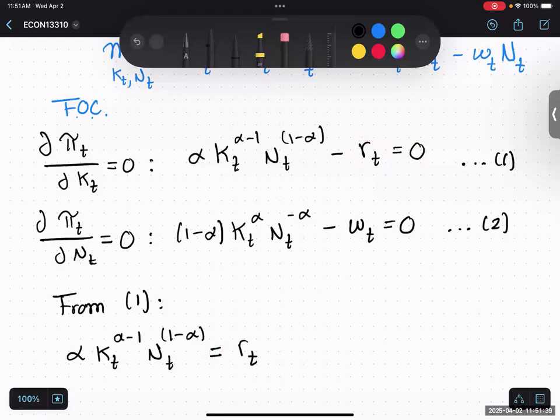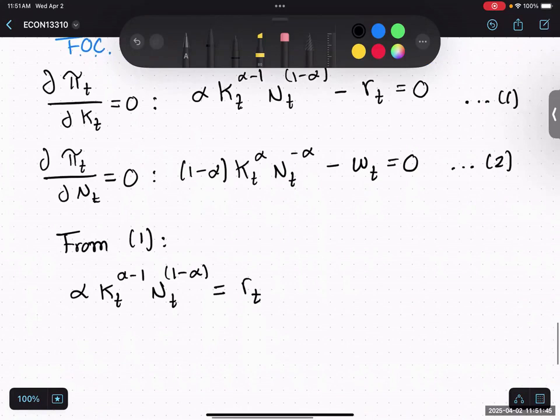The only thing I did is add R_t on both sides. And the trick here is to multiply on both sides of the equality by K_t.